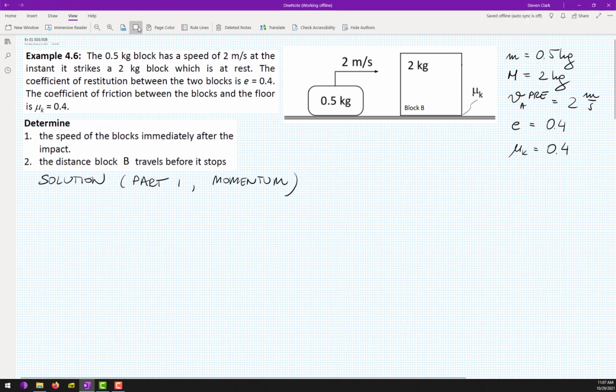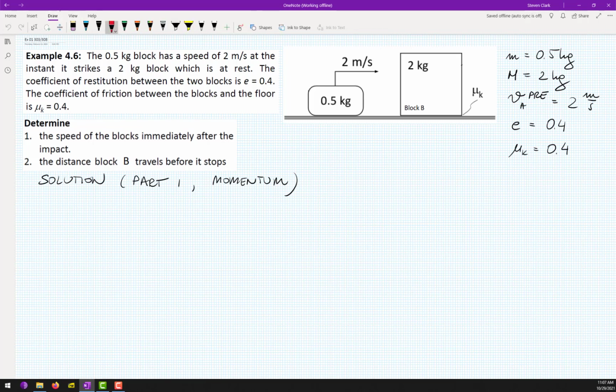Please read and understand the problem statement before we start our solution. All right, what do we have in here? We have two particles.